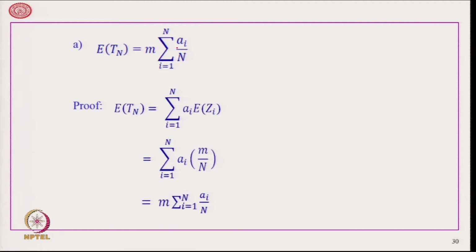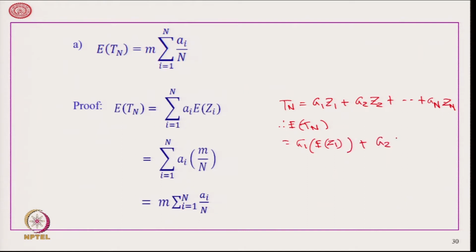Expected value of T_n is equal to m times Σ a_i upon N. It is very straightforward, because T_n is equal to a_1 times z_1 plus a_2 times z_2 plus ... a_n times z_n. Therefore, the expected value of T_n is equal to a_1 times the expected value of z_1 plus a_2 times the expected value of z_2 plus ... a_n times the expected value of z_n.